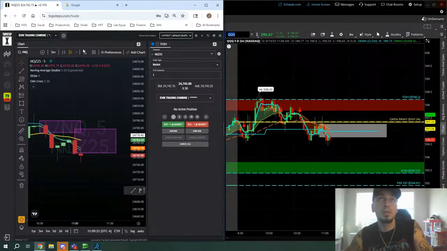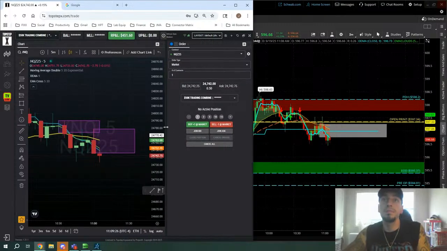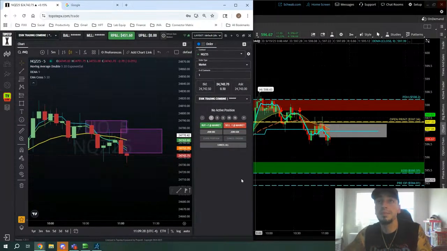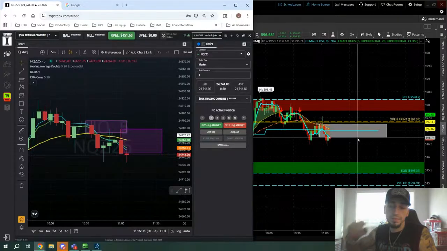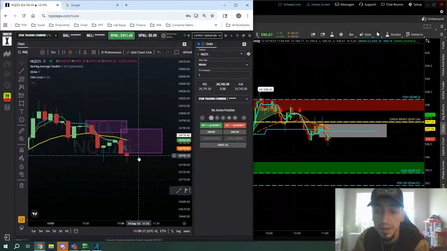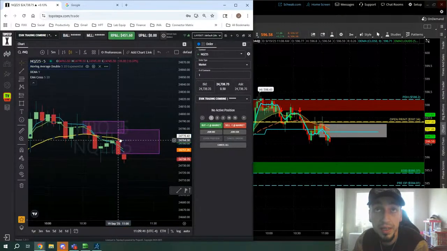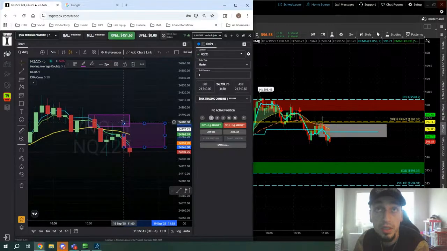All right, let's see here. I'll make this a little smaller. All right, let's get a pullback. You guys see what I'm looking at right here, right? On QQQ.